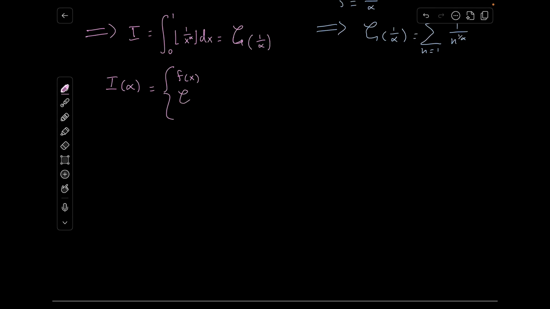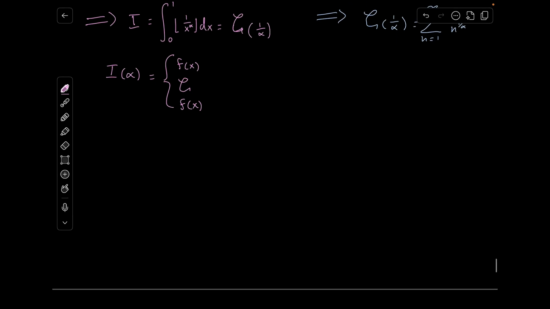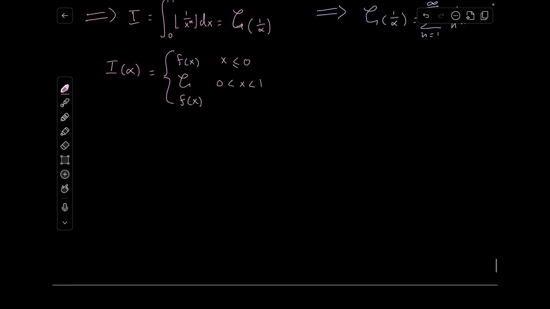We're going to have our zeta function, and then another f of x. And this is going to be x less than or equal to 0. This is going to be 0 is less than x is less than 1. And this is going to be x greater than 0.